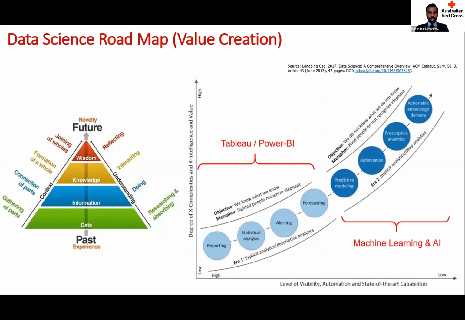I'm sure you have learned some materials which explain the data science roadmap of an organization. You might have learned this pyramid: data, information, and we transform information to knowledge and eventually wisdom. That process is quite a journey for an organization. Not all organizations are in the same position in that journey.